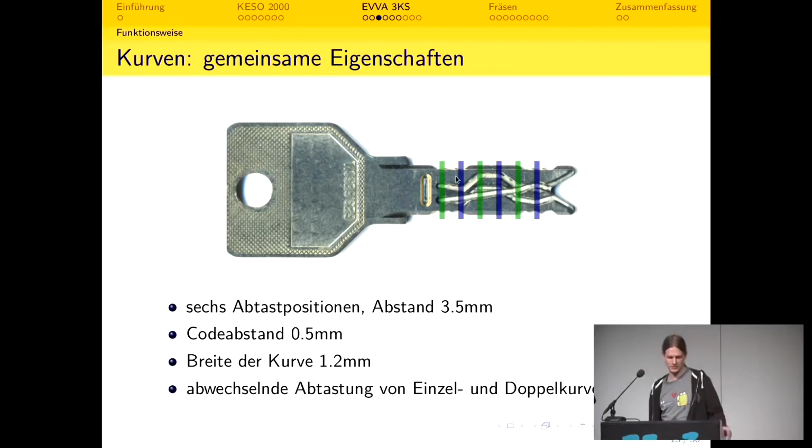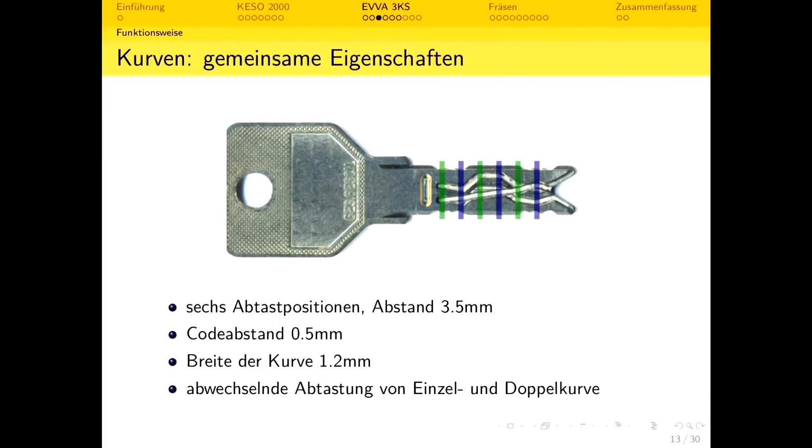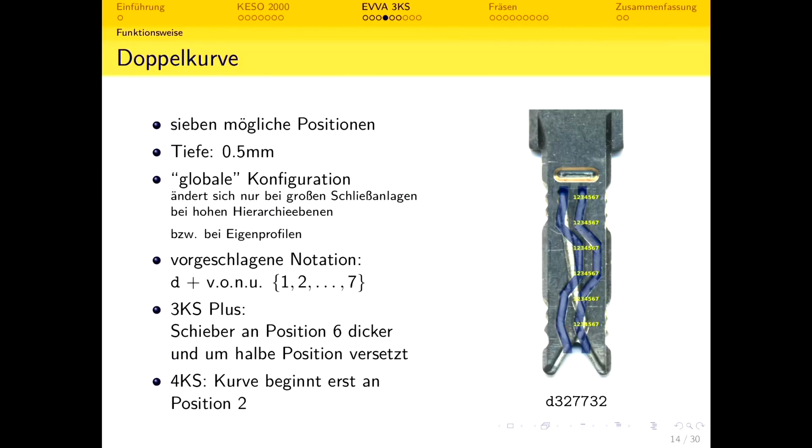Now, each side contains 6 positions per curve. Within the lock, only every second position is being sensed. It is single, double curve, and on the other side, it's exactly the opposite. So we could construct a key, and we have done so, that works on 2 different locks.